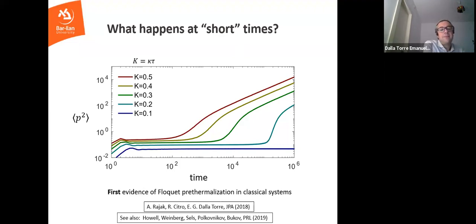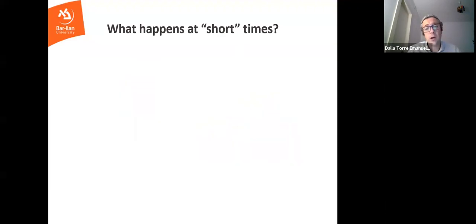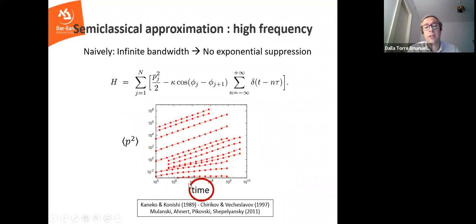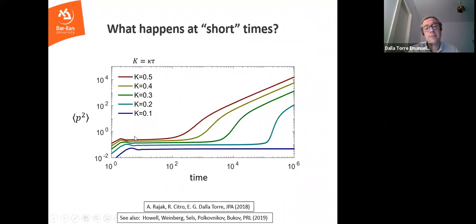I would claim that this is the first evidence of prethermalization in classical systems. There is also related work by Anatoly and Marin, etc. There are some works that show that at long times these classical systems are boring diffusive systems, but at short times there is new physics. And the new physics is the physics of prethermalization. It's a physics in which the energy absorption is exponentially suppressed, and hence you can see here that the energy is almost constant as a function of time.